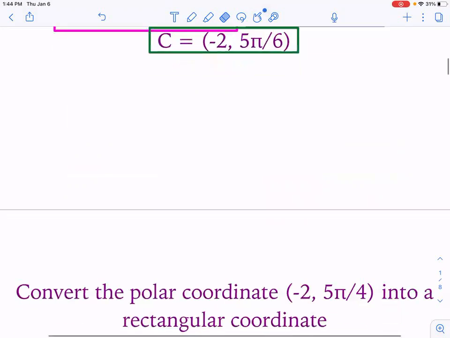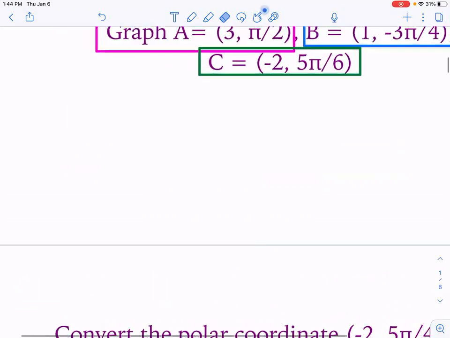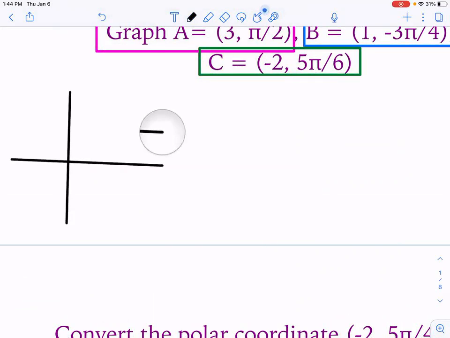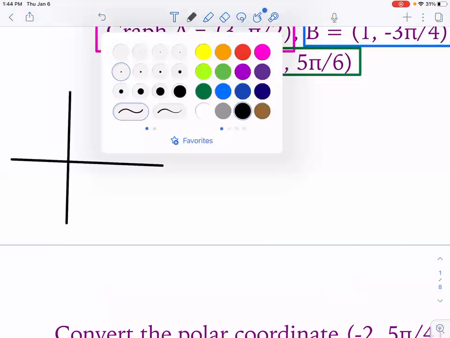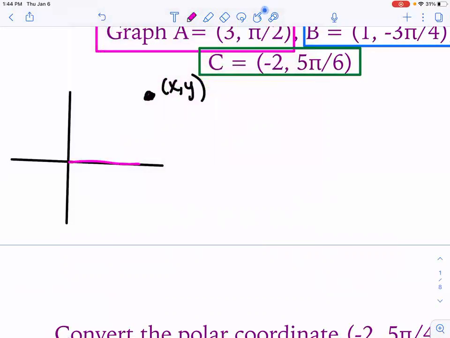Now, if I have a coordinate, this is my coordinate x, y, right? Where I would go horizontally x.